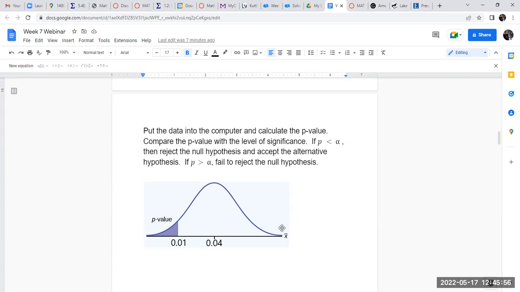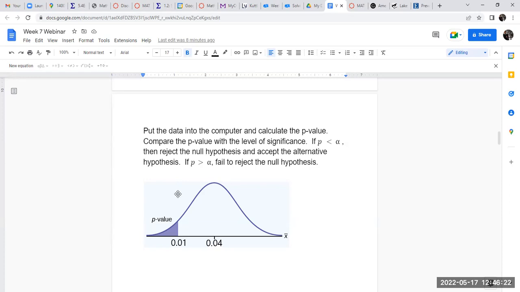Is that good? Also no. So if you're going to do a test to find out if stress is making people unhealthy, then you may want to do a two-tailed test for blood pressure, because if it's either too low or too high, then it's unhealthy. Do you see that? So that would be an example of a two-tailed test. Okay. Any questions on that?